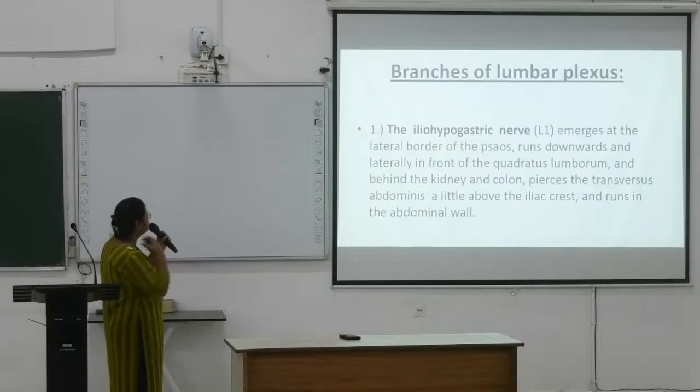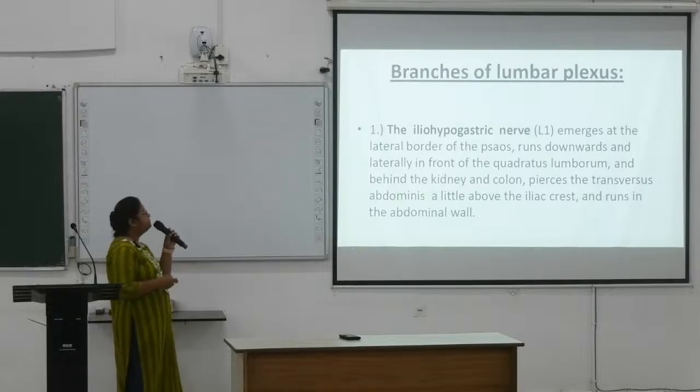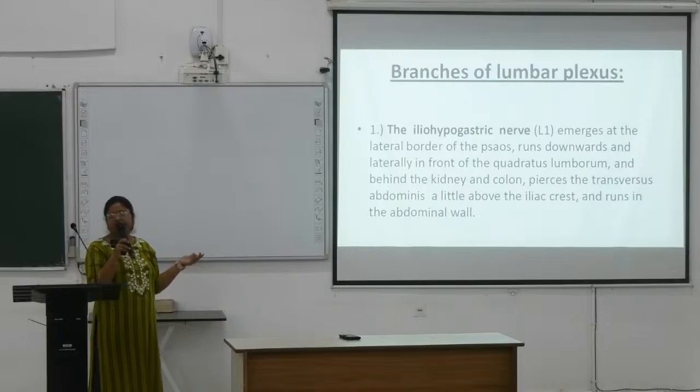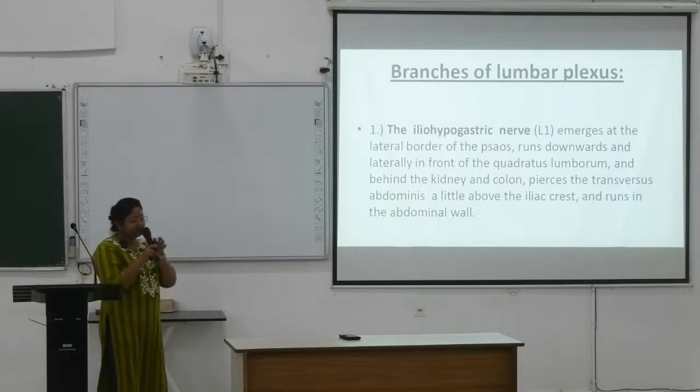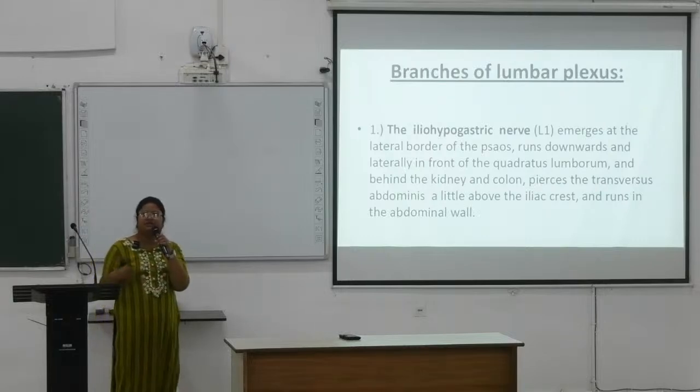Okay. Next, now we will discuss the branches of the lumbar plexus that you will also see lying over the posterior abdominal wall. So first is the iliohypogastric nerve. Yesterday you saw the iliohypogastric in your inguinal region.